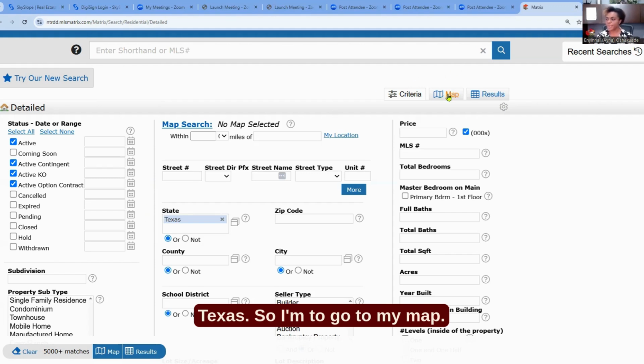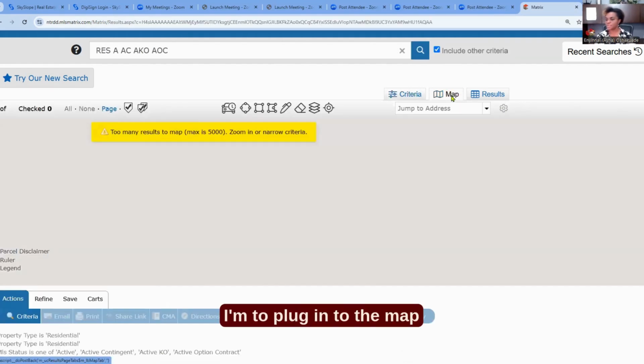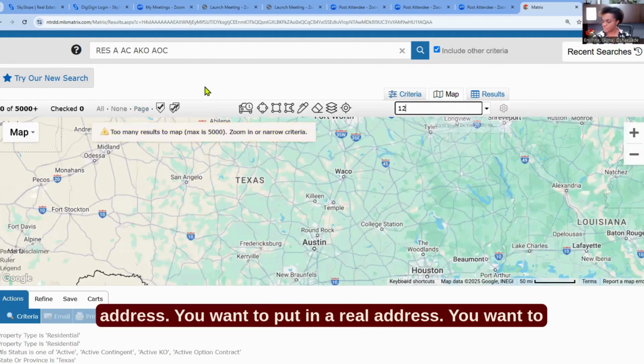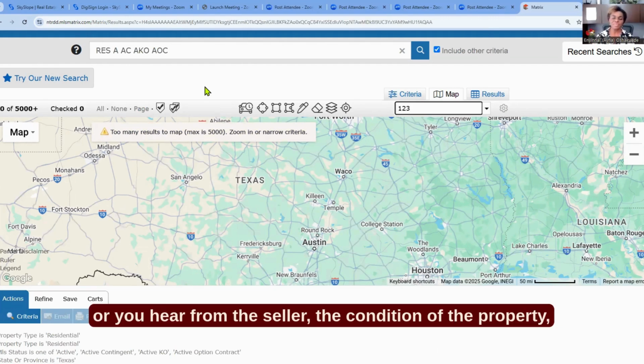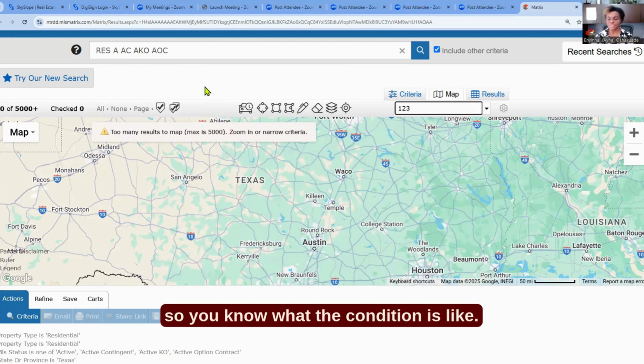So I'm going to go to my map. I'm going to plug in to the map my imaginary address. You want to put in a real address. You want to also make sure that you see the property, whether it's virtually or in person, or you hear from the seller the condition of the property, and ask them several questions about the property so you know what the condition is like.